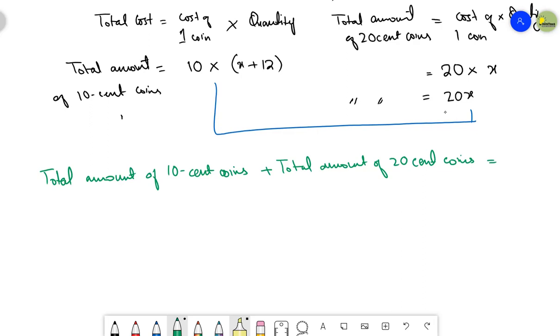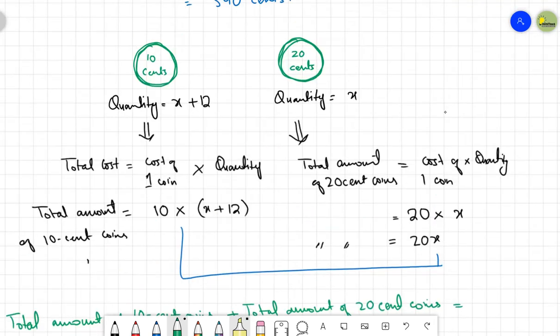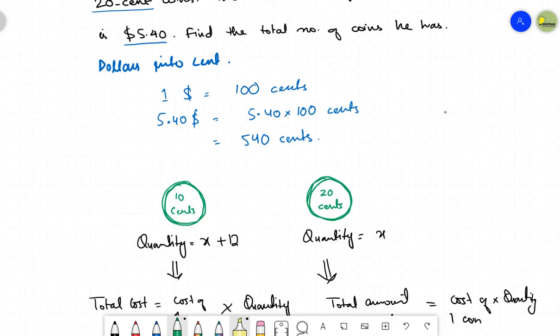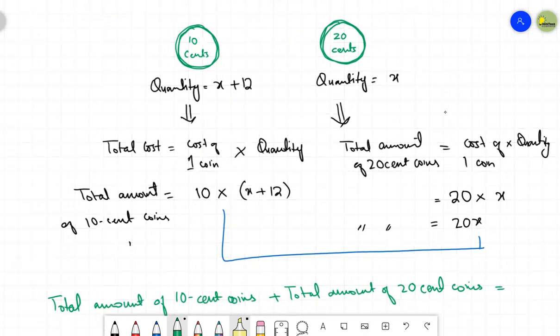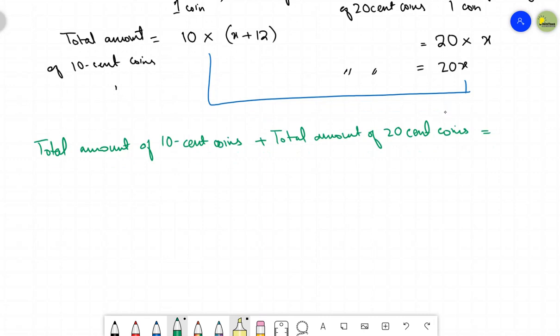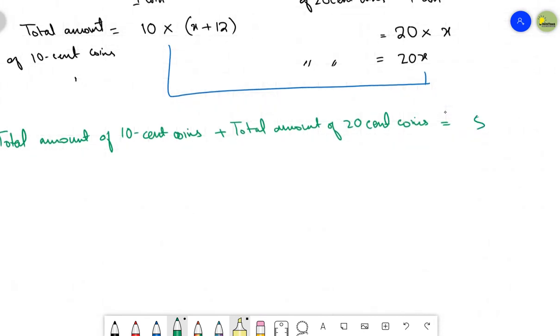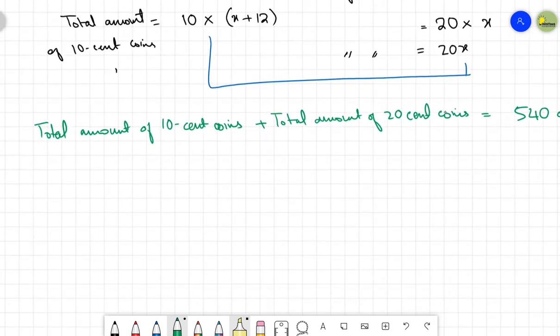This is equal to the total amount given to us. We know that the boy has 540 cents, the total value of all the coins. So we can equate this sum with 540 cents. And now we will write it individually.